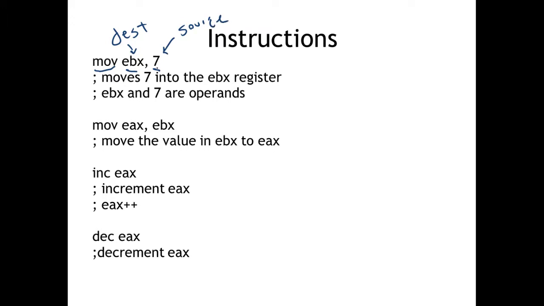So we're saying move the rightmost operand into the left. Move 7 into EBX. EBX and 7 in this case are both operands, but usually the first operand is the destination and the second operand is the source. You just have to keep that in mind, and that's the direction that things are moving. Most commands are going to be like that if they have two operands.